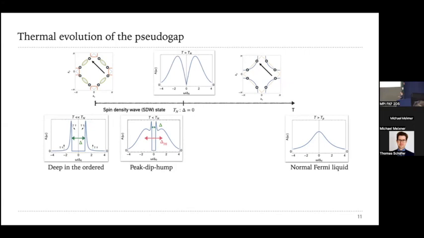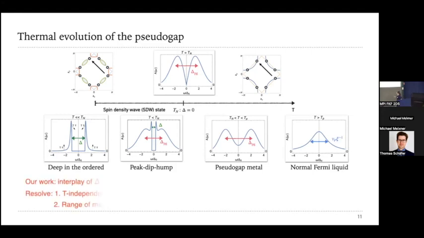And at the Néel temperature, this SDW gap vanishes, and we can only see this hump feature. And as temperature further increases, there will be more spectral weight filling in at lower frequency, but we can still see this maximum at finite energy. And it is only when we go to a much higher temperature that the spectral function recovers the normal Fermi liquid behavior.